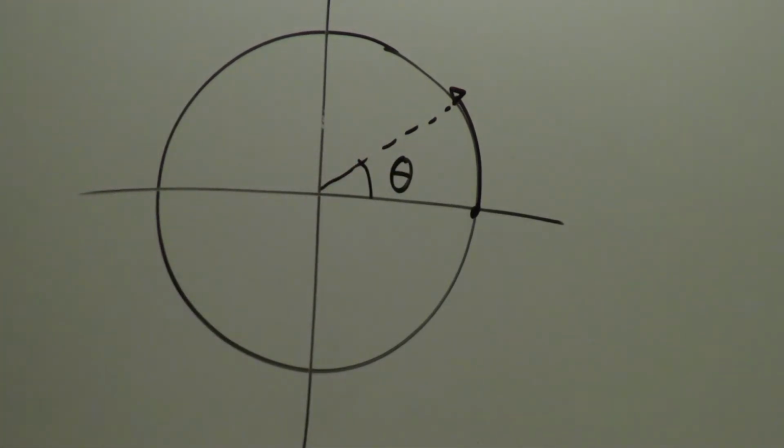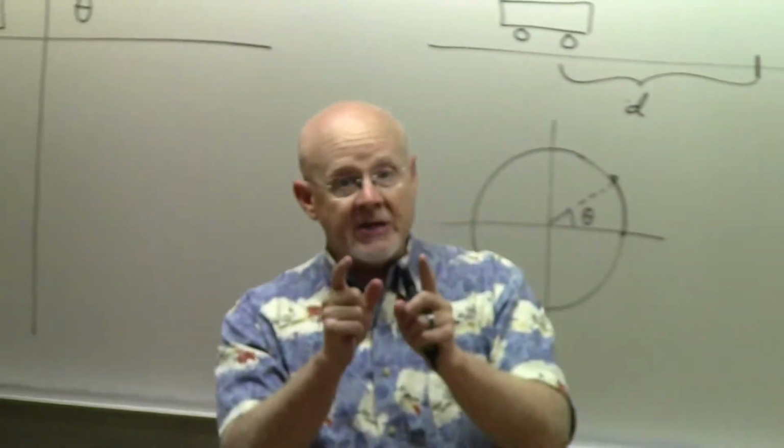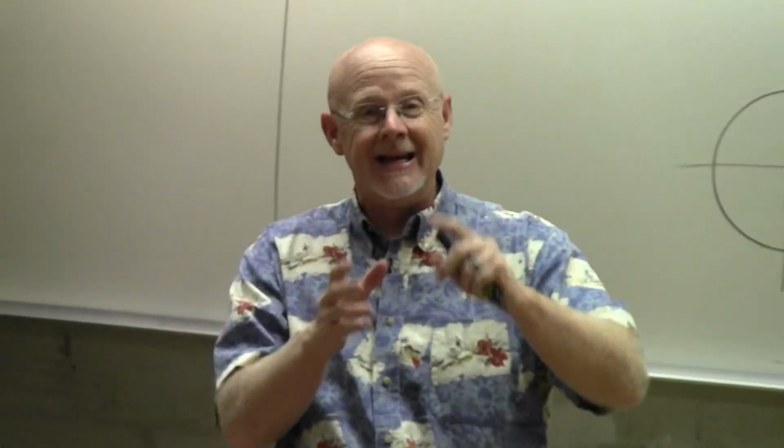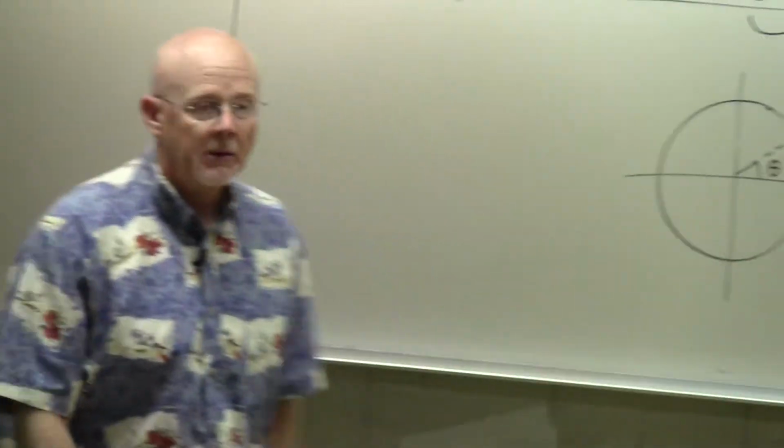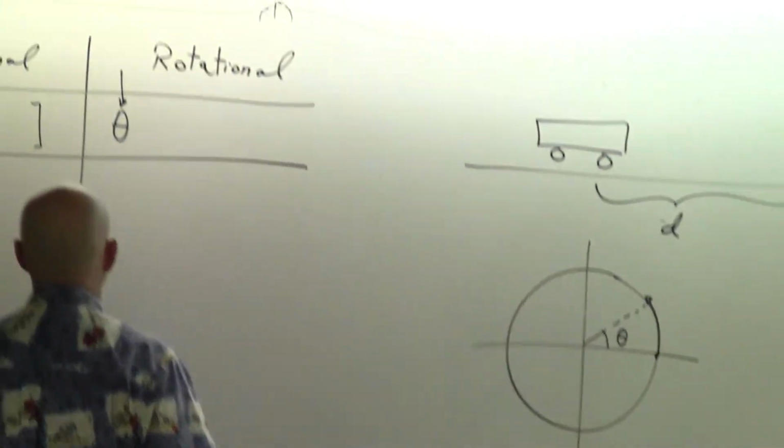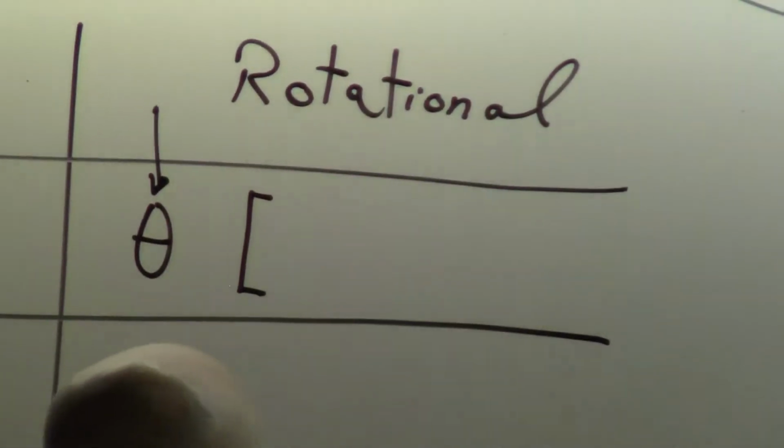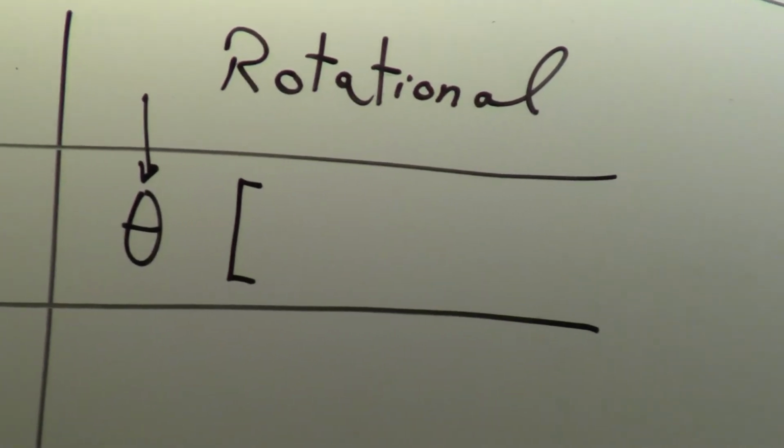This is a long way for me of saying, when we go to measure the, quote, position of a rotating object, it's not distance, it's angle. And so how much did it rotate? And of course, then there would be the units that go with it. And so what units do we use to measure the angle of something?